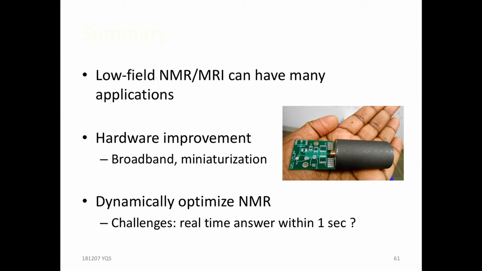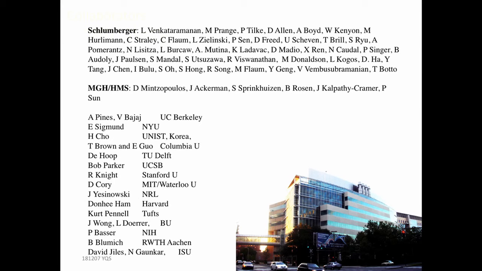But it's not limited to NMR. Basically every complicated instrument could use this type of algorithm to automate its operation. And of course, this is not all my work. It's all done with my collaborators, many people in Schlumberger, over many years.